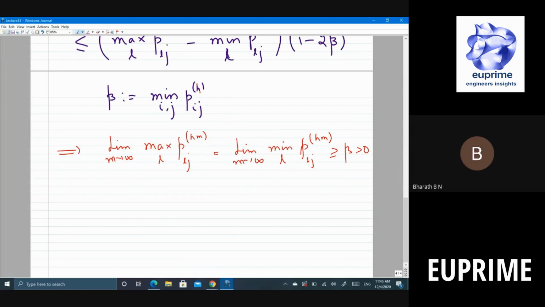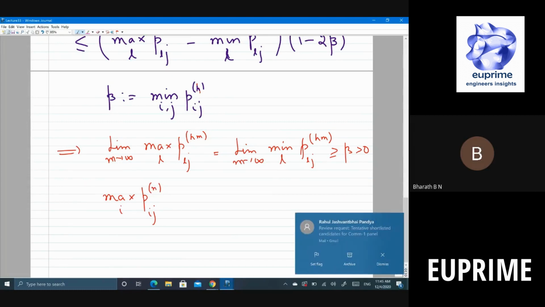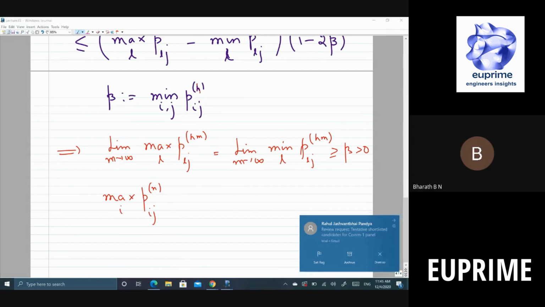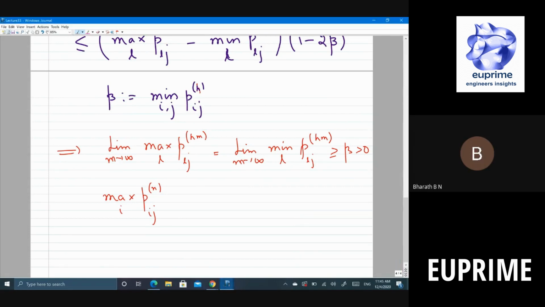So now, if you look at, for example, this particular quantity, max over all i of P_ij to the power n, what can you say about this quantity as a function of n?